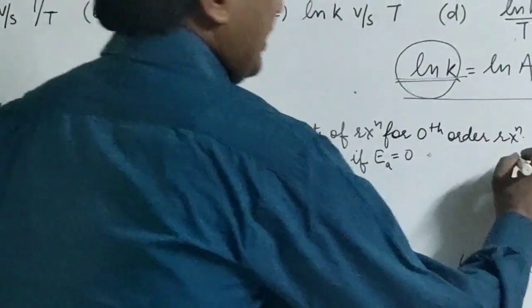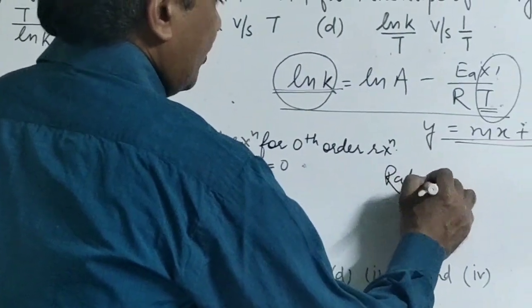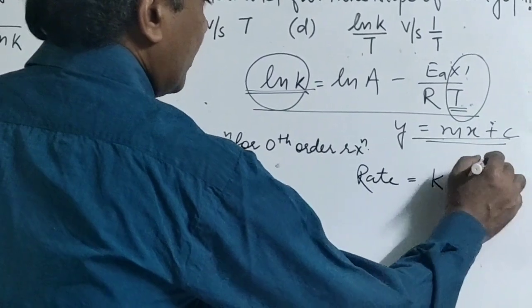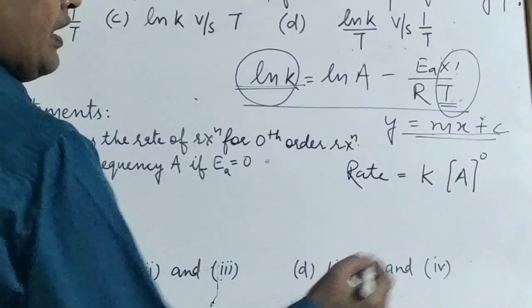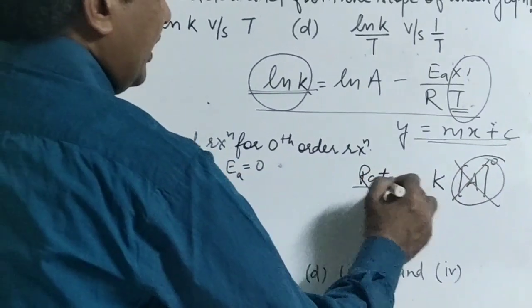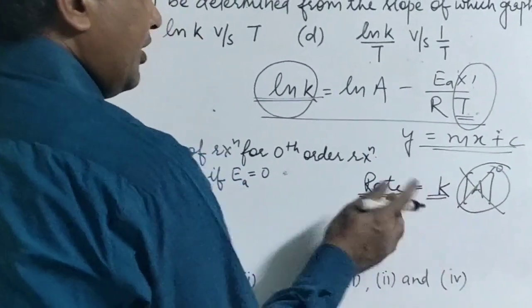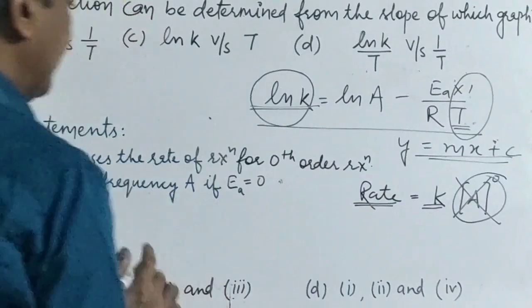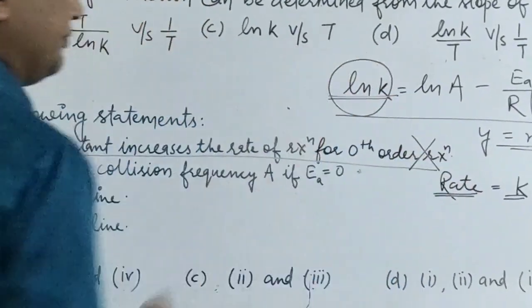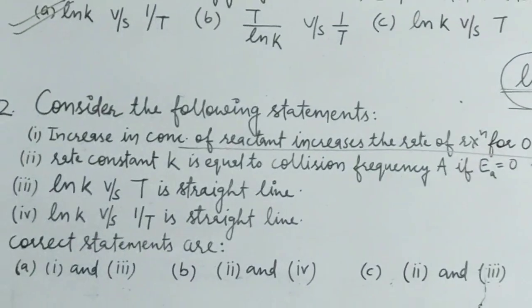We know that the rate of a zeroth order reaction is given as rate is equal to K into concentration power 0. Concentration power 0 means 1. It means rate is equal to K. It is independent of the concentration. So the first statement is wrong. Let's take the second statement.